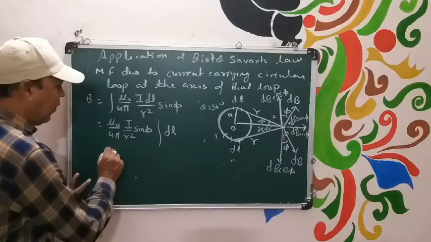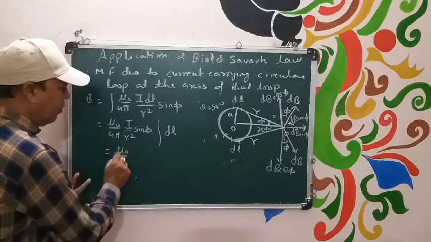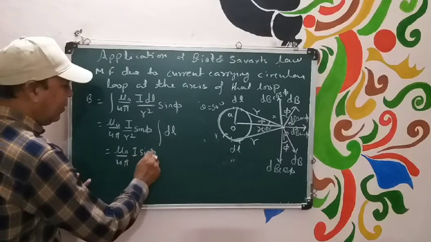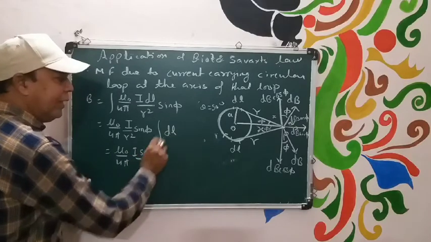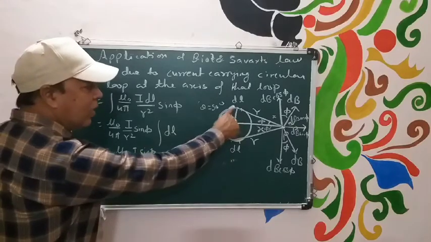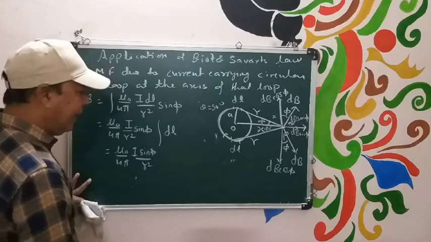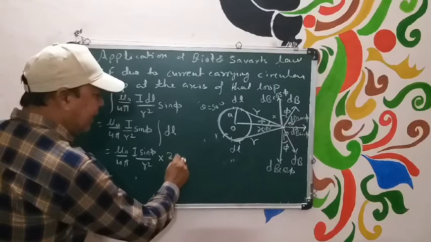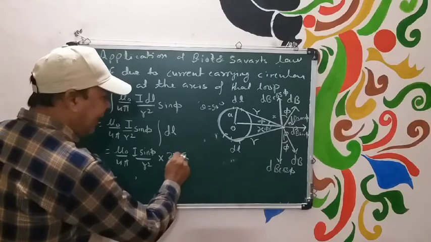So again for the integration of dl, you will find the same case, I sin phi by r square. The integration of dl will be L. L means total circumference, that is 2 pi a.